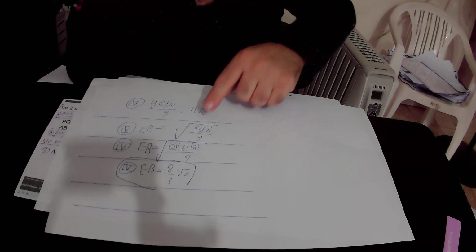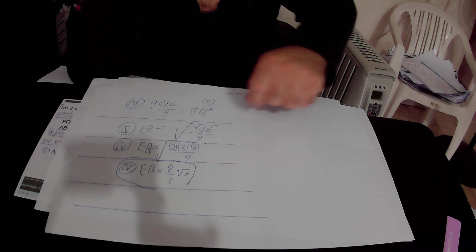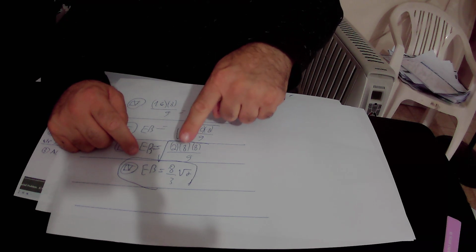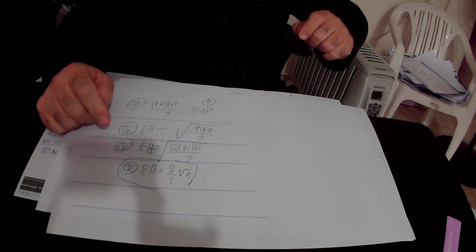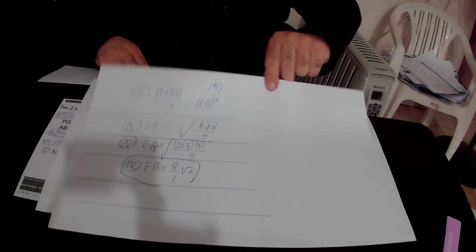So EB equals the square root of 2 times 8 over 9. The square root of 8 times 8 is 8, and the square root of 9 is 3, so in total we got that EB equals 8 over 3 times the square root of 2 units.